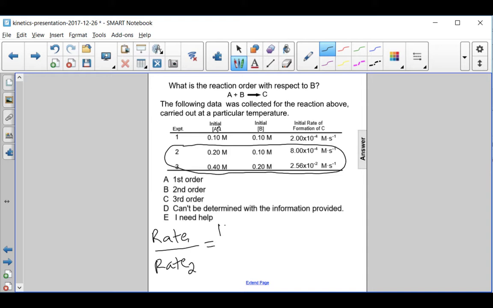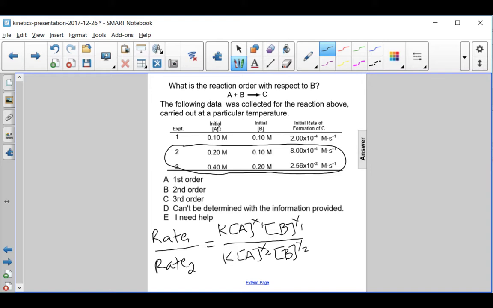So for the first experiment would be k, think of the rate law as k times A to some factor x, and then B to the y, over, for the second reaction, and I guess this would be x1 and y1, given that we're talking about reaction 1. And that would be k times A to the x for the second reaction, B to the y for the second reaction.